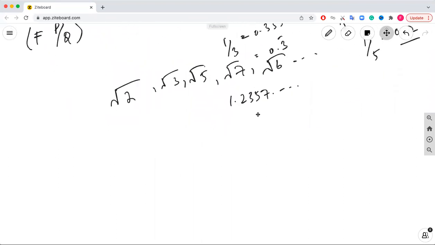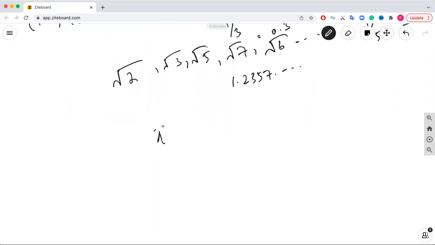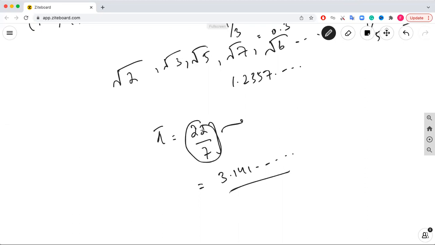Yes. One of you tell about pi. First tell me, is pi an irrational number or a rational number? Irrational. Rational. 22 by 7. No, 22 by 7 is an approximate value.